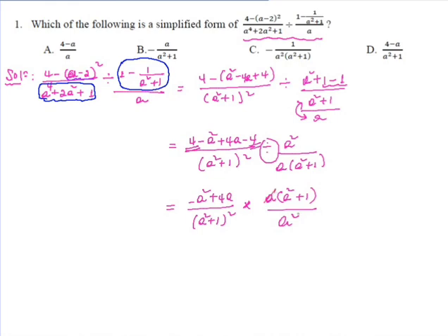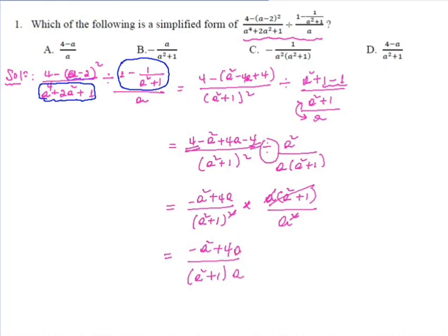A by a, this a squared can be simplified, and a squared plus 1 can also be cancelled out here, so that the remaining thing becomes minus a squared plus 4 over a squared plus 1 times a.